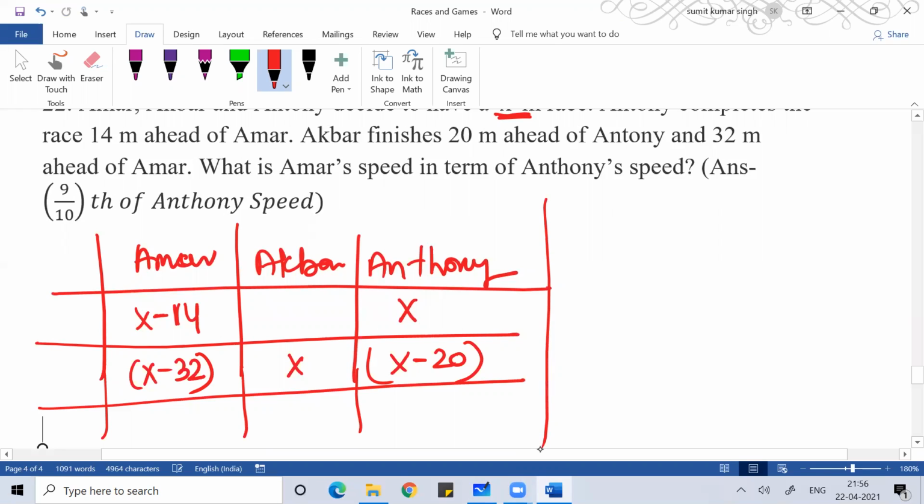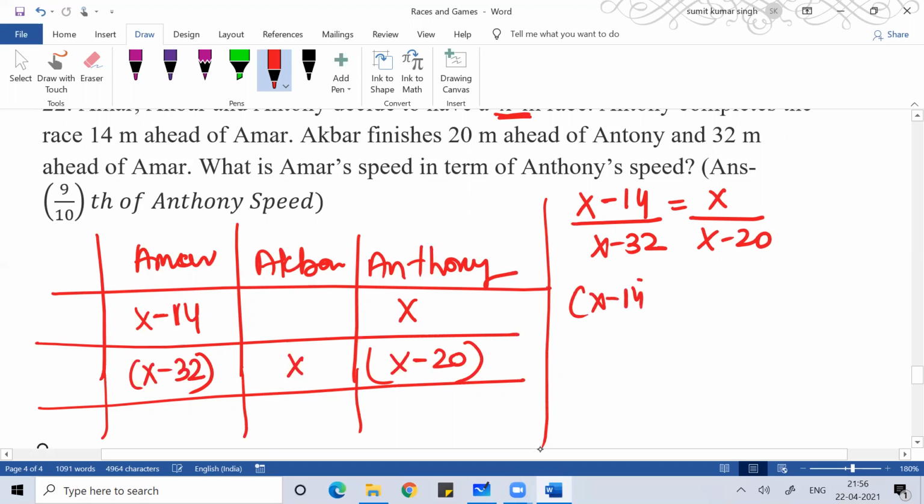You can solve this by writing the ratio in terms of Amar and Anthony. The ratio remains the same: (x minus 14) by (x minus 32) equals x by (x minus 20). Cross multiply: (x minus 14)(x minus 20) equals x(x minus 32).